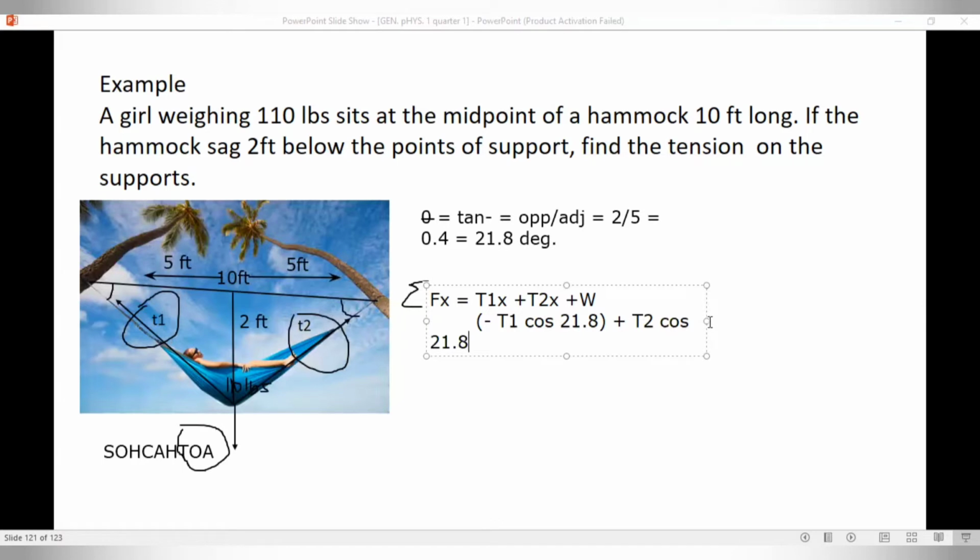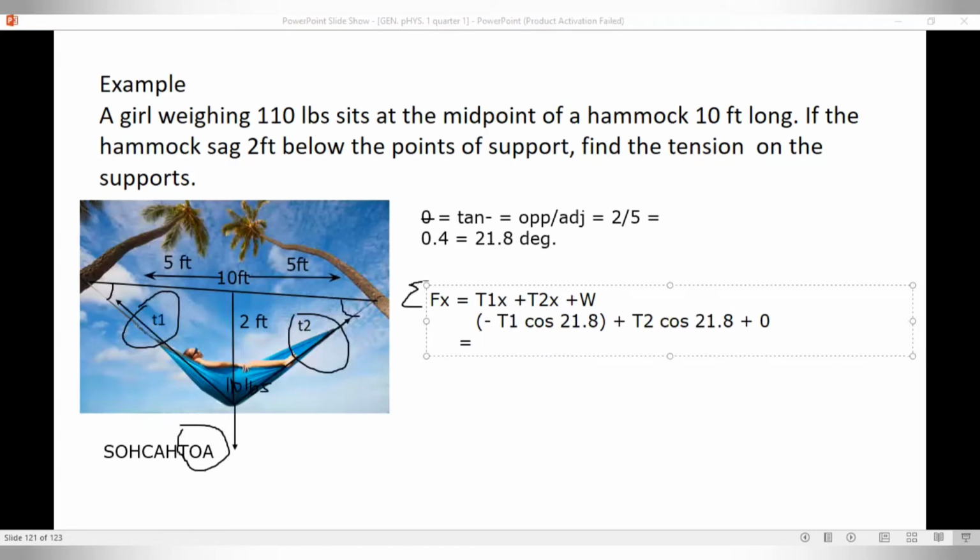Extend natin dito para kitang-kita. Tapos, since ang pinag-uusapan po natin dito is horizontal position, therefore, ang weight niya is equal to 0. Wala namang weight na pahorizontal. Usually, ang weight pavertical. Tama? Okay.